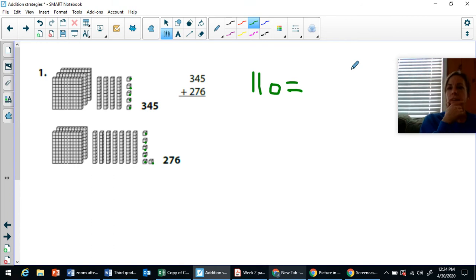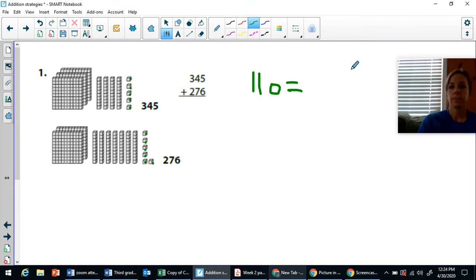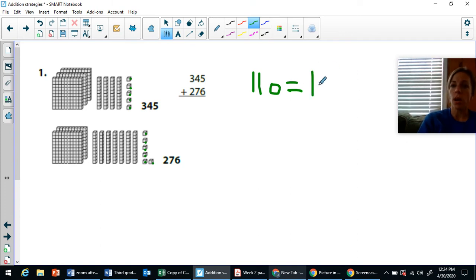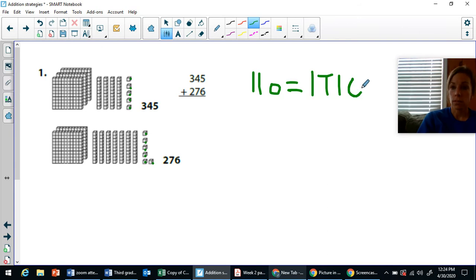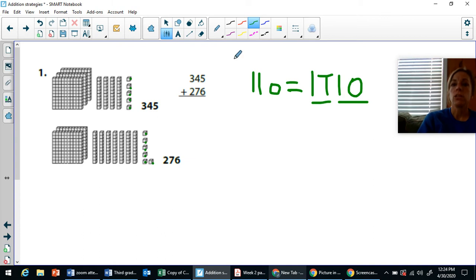I'm going to give you about 5 seconds. So you should have said that 11 ones is the same as 1 ten and 1 one. 10 plus 1 equals that 11.